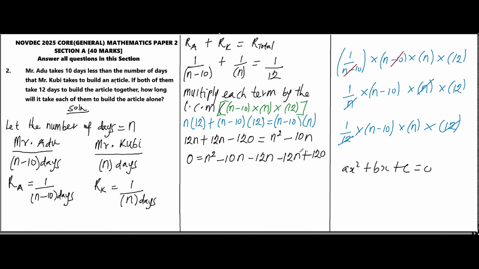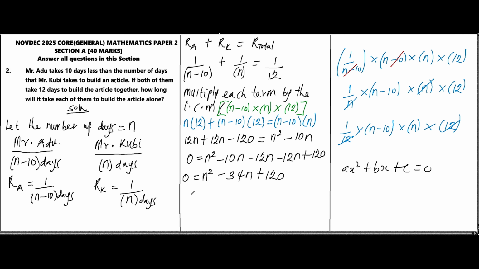So we can still simplify. We have 0 on the left, we have n squared minus 10n minus 12n minus 12n. So minus 12n minus 12n, that is minus 24n. So minus 10, so that becomes minus 34n plus 120.